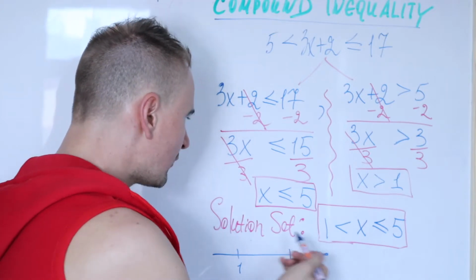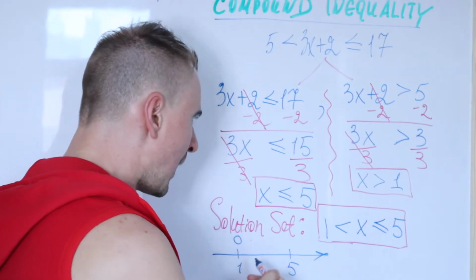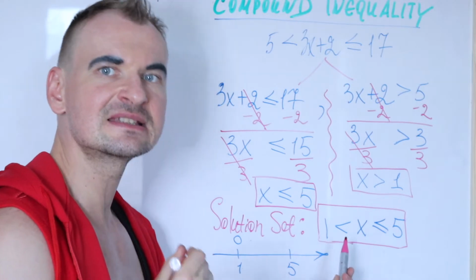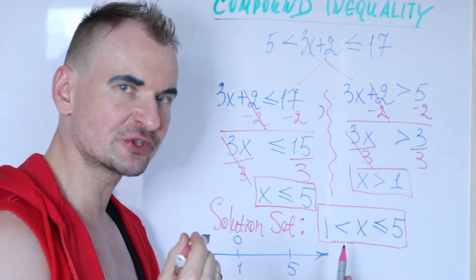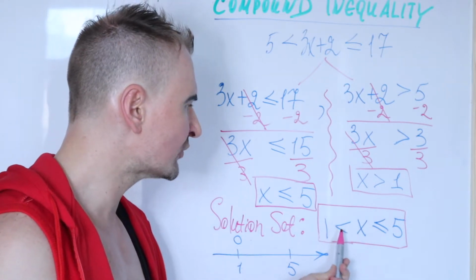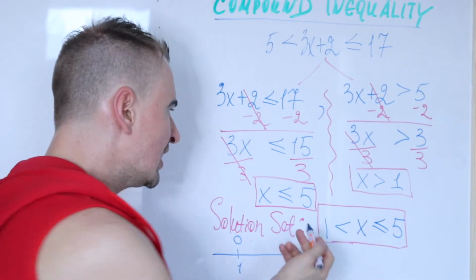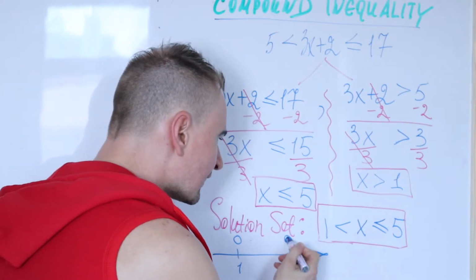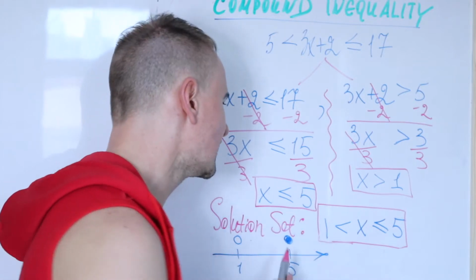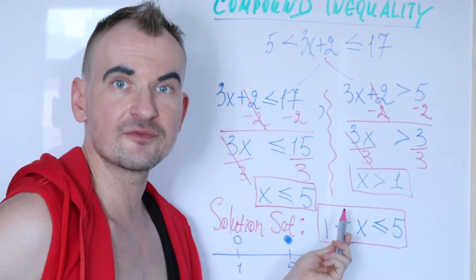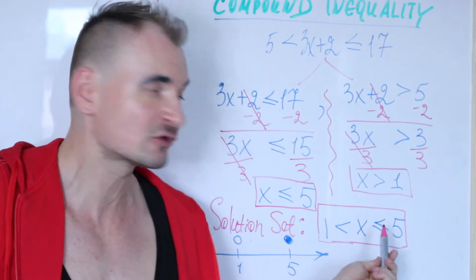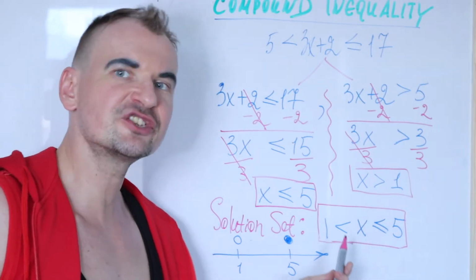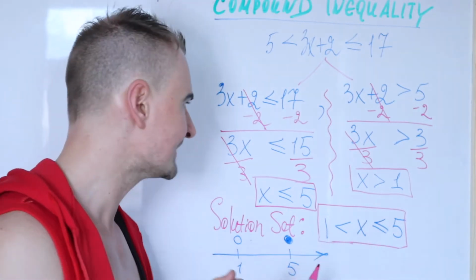Now you are going to choose the open circle for 1. Since 1 is excluded, it's not a solution of your inequality. And you are going to choose the shaded or closed circle for 5, because 5 is a solution, so 5 is included in your solution set.